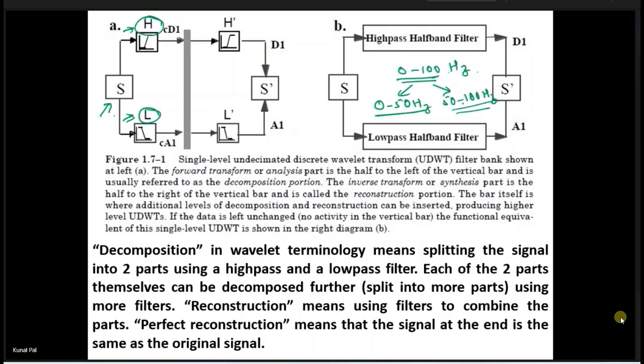The lower frequency components are called approximate coefficients, and the higher frequency components are called detailed coefficients.